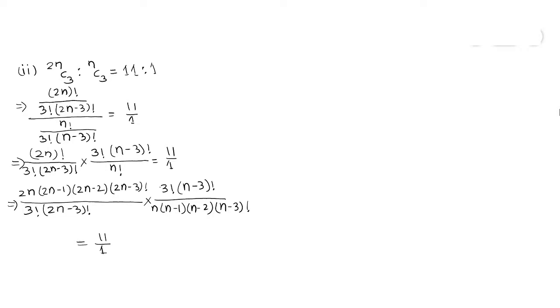Now we cancel 2n minus 3 factorial of numerator by 2n minus 3 factorial of denominator.